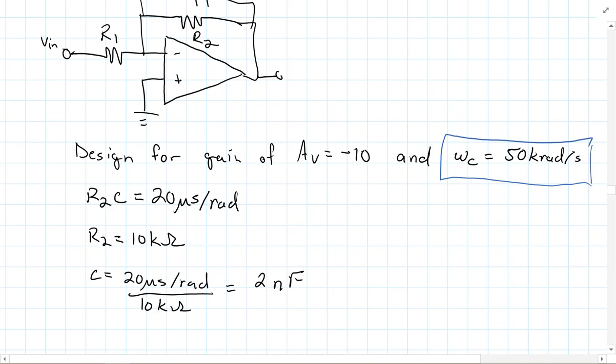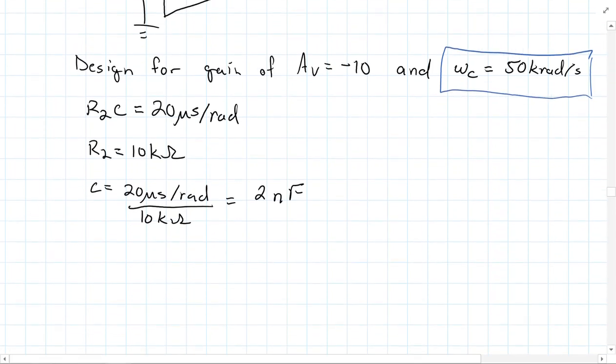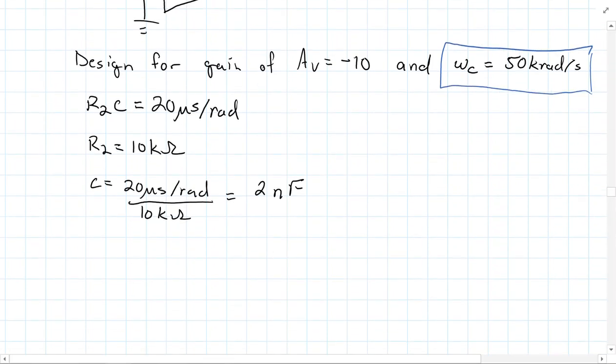Microseconds divided by kilo was going to give you nano, so 2 nanofarads. And then the last thing we have to do, of course, is design for my gain. So I have negative 10 has to be negative 10k over R1, and it shouldn't be hard to see from this that we get R1 is equal to 1 kilo ohm.